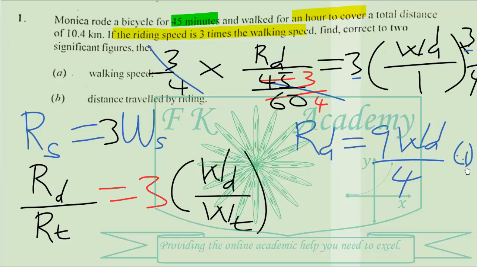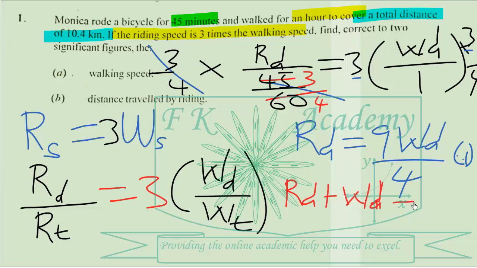Then we can get a second equation from the fact that the total distance covered is 10.4 kilometers. So the riding distance plus the walking distance, that is the total distance covered, is equal to 10.4 kilometers.